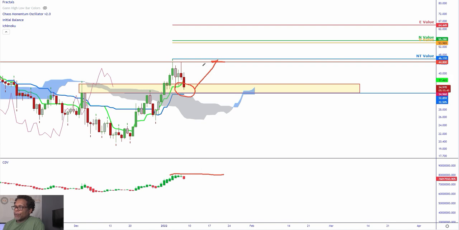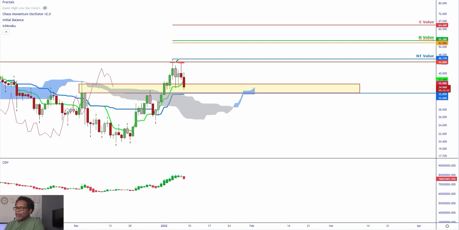If you get a double top up here, but the cumulative volume is still dropping while you hit this upper level, I might take my profits at that point. This shows me the smart money is not with this move to the upside. We have bearish divergence. The smart money is not buying the market at that point. So think about that when you get to that level.